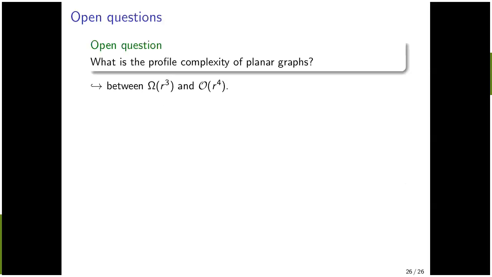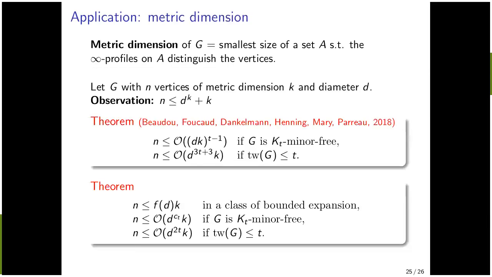Okay, and now to conclude. The constant, the K_t minor freeness, figures in their result in a concrete way, which means that they don't go through the Robertson-Seymour theorem, right? Yes. This is just the VC dimension actually.